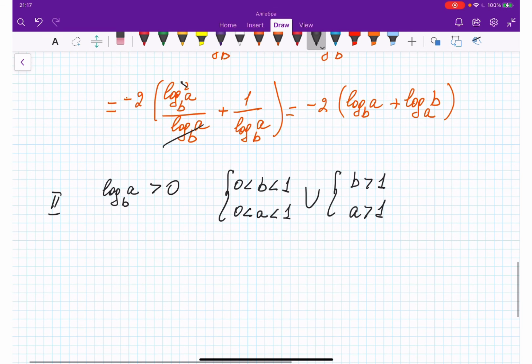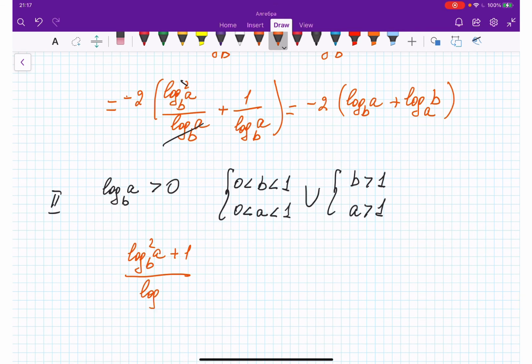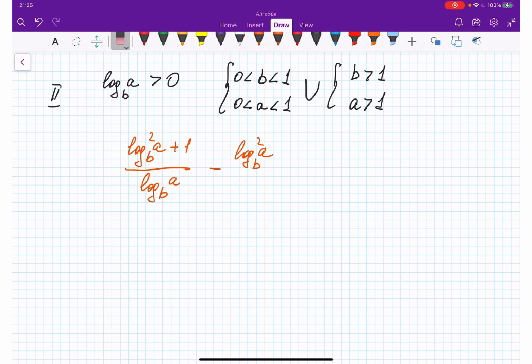So from here, we are getting (log_b(a)^2 plus 1) over positive 1, right? And minus (log_b(a)^2 plus 1) over log_b(a), and that is going to be equal to 0.